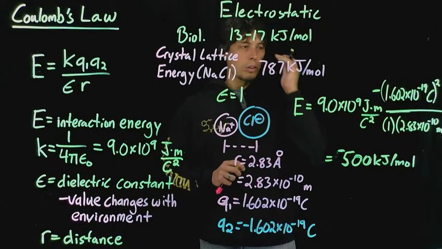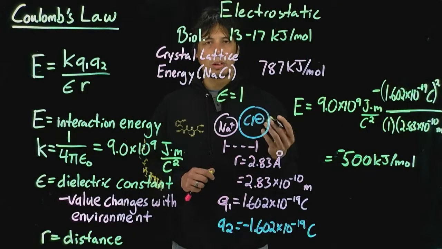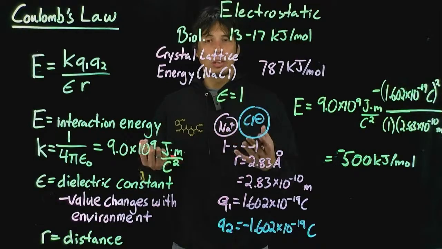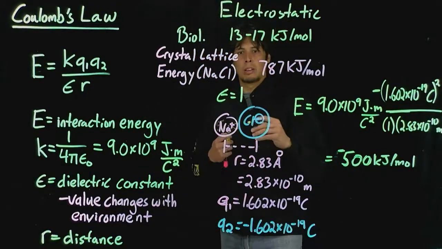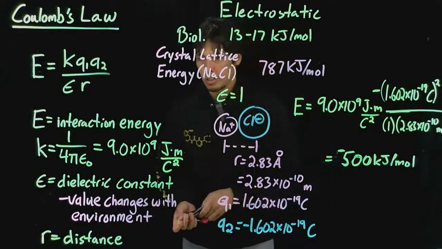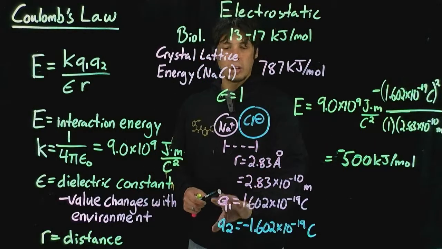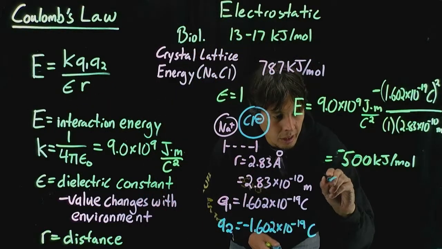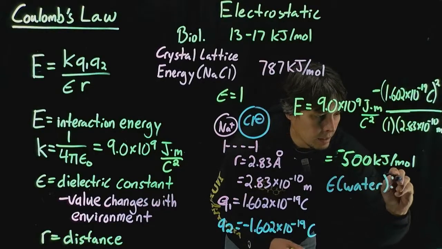Now let's say we replace the sodium chloride interaction, instead of being in a crystal, which means it's mostly interacting with air and has a very low dielectric, with water. The dielectric also changes. We can think of R as remaining the same in water, and Q1 and Q2 are going to remain the same. So the only thing that's going to change is the dielectric. The dielectric for water is 80.